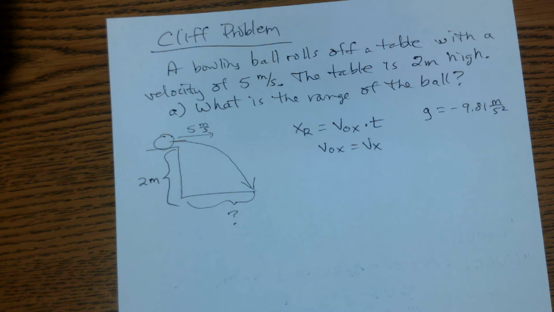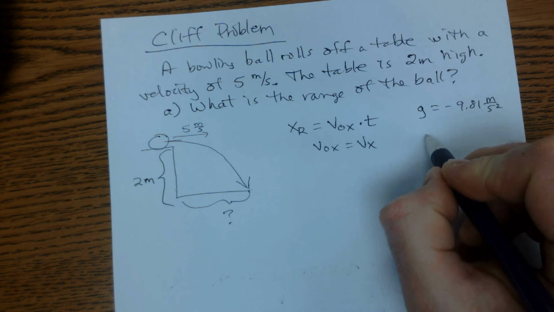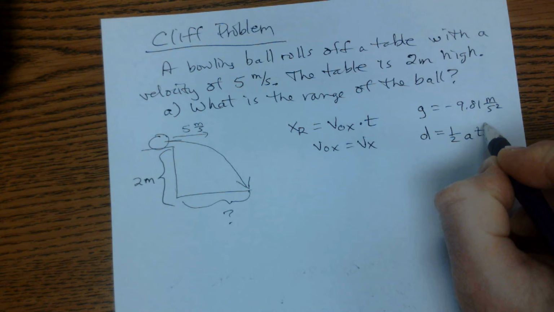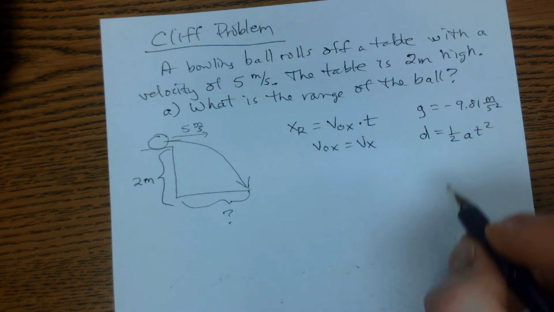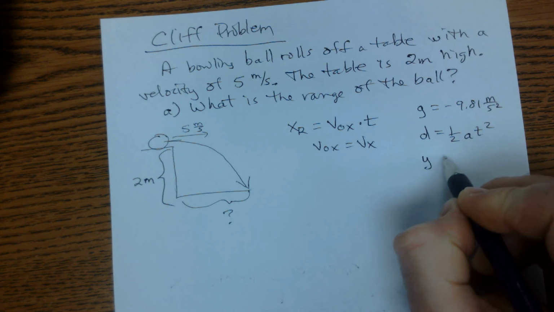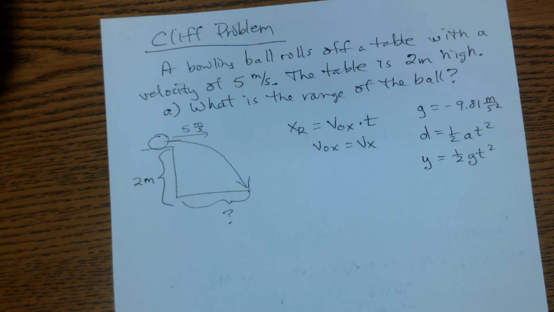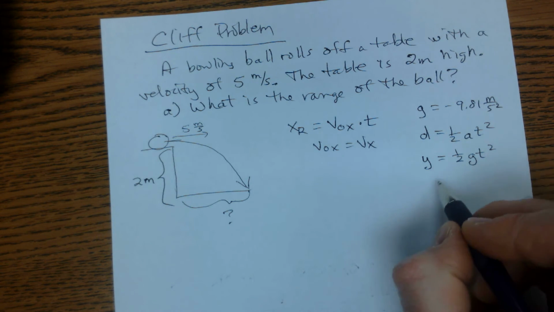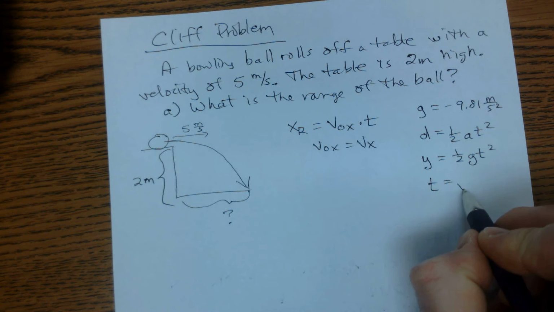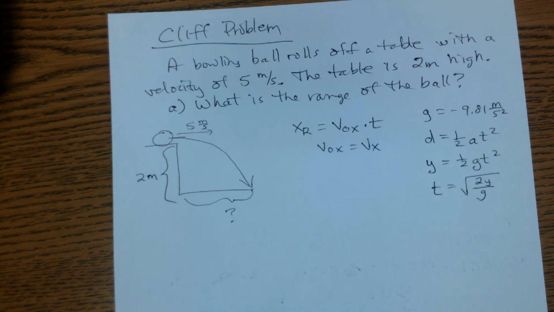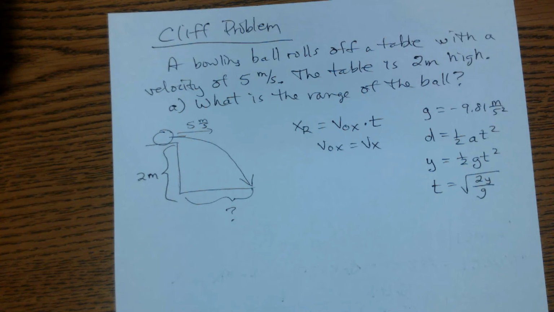So to go ahead and calculate this, you know that distance is equal to 1/2 a t squared. We could make this y equals 1/2 g t squared. So t would be equal to the square root of 2 times y over g. All right, fair enough.